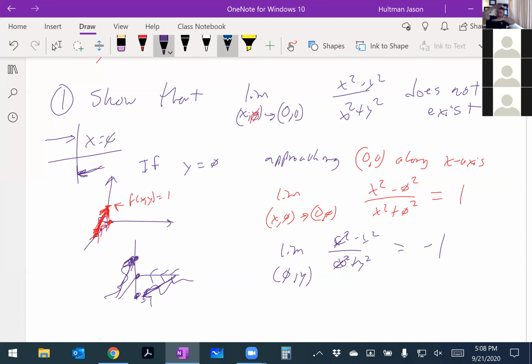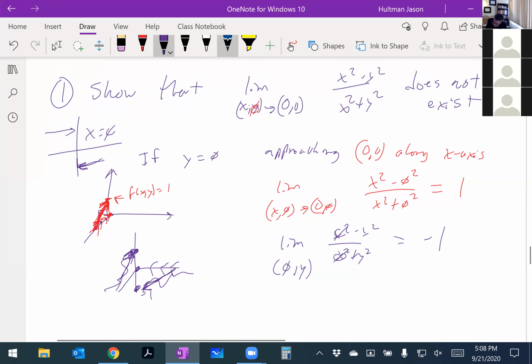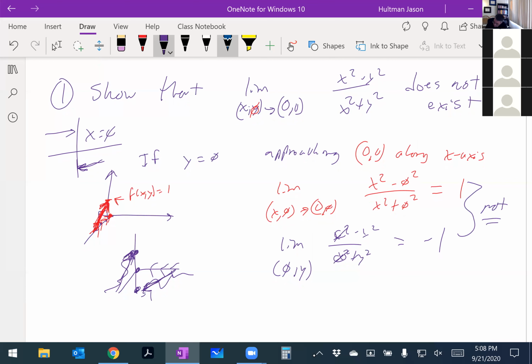They're going different places, even though they're approaching the same spot, the same x and y value. They're approaching 0, 0. Since f has 2 limits, then the given limit does not exist. Not the same. Not equal.